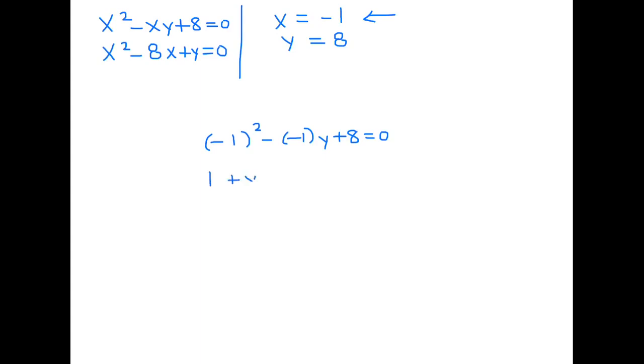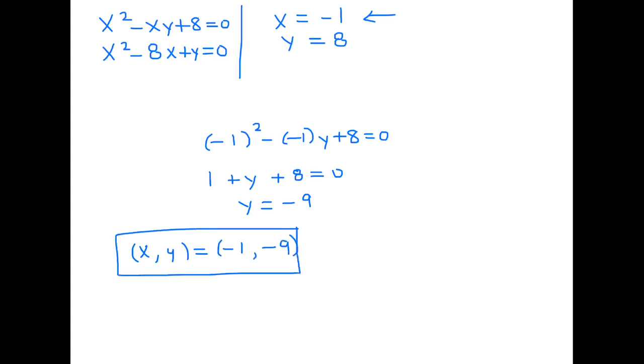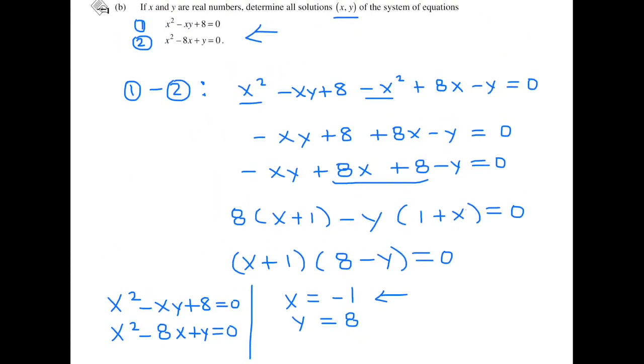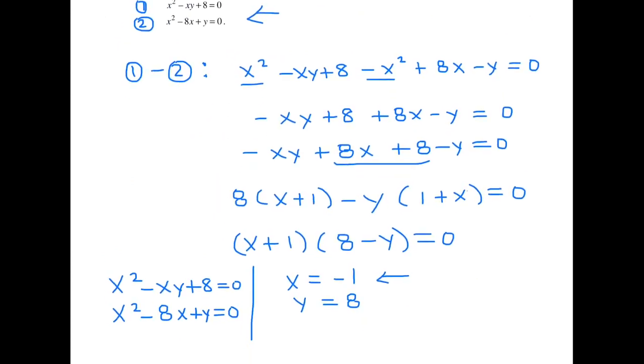So 1 plus y plus 8 is equal to 0, and y is therefore equal to -9. So our first solution is x, y, -1 and -9. So that's our first solution to this system of equations.